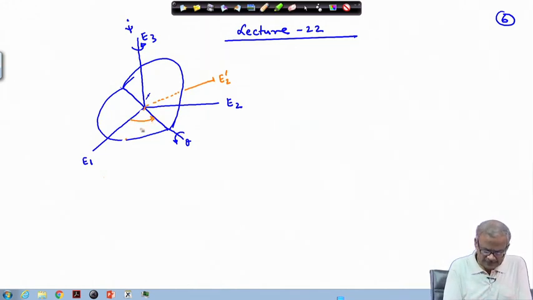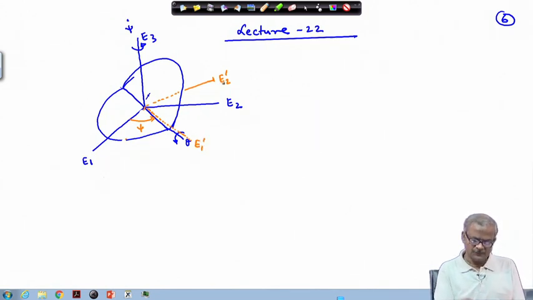This is rotated by psi. So, this comes here and this goes here, and these two are perpendicular to each other. So, this is your E 1 prime, and E 2 prime goes here.